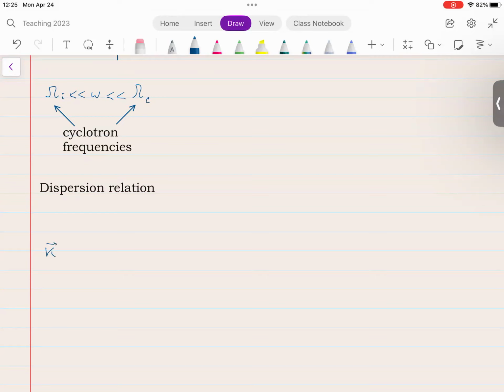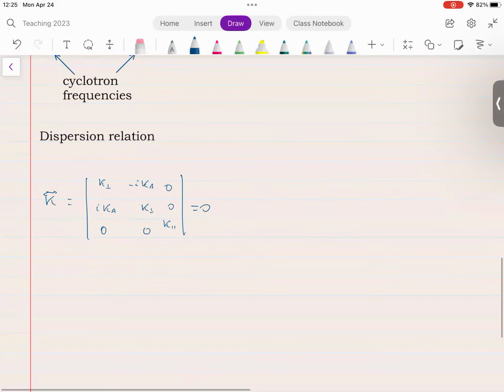Our dielectric tensor is going to have this form. It's going to have a k perp, minus i k sub a, i k sub a, k perp, and k parallel with zeros here. And I take the determinant so it's equal to 0. Okay, that's the easy part.